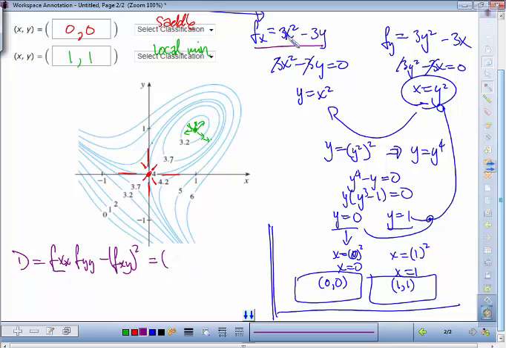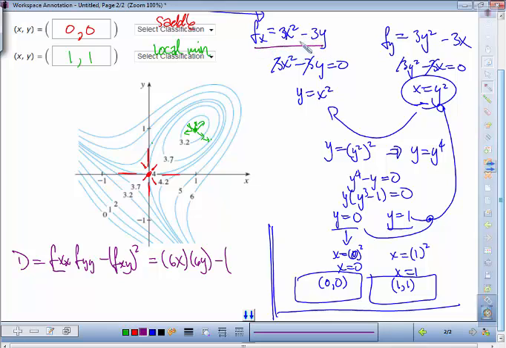So the first one is the derivative of this with respect to x, which is 6x minus 0. fyy, the derivative of fy with respect to y, looks like it's 6y. Minus, now I take either one, the derivative of either one with respect to the other variable.